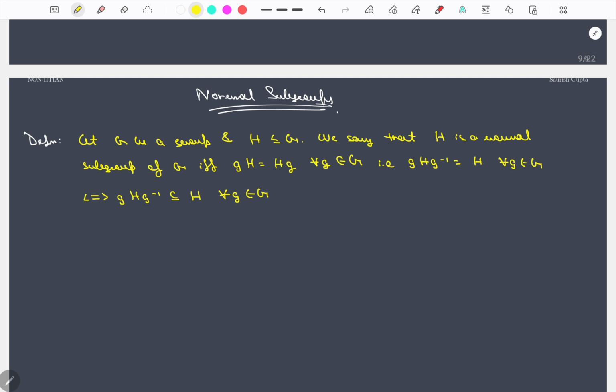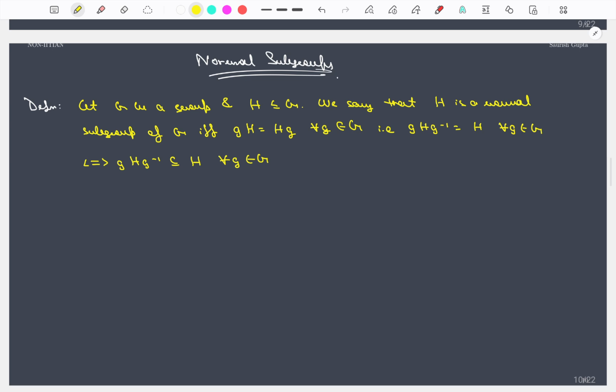H will obviously be contained within gHg inverse for g equal to the identity. Right? So in this case, we say it to be a normal subgroup.